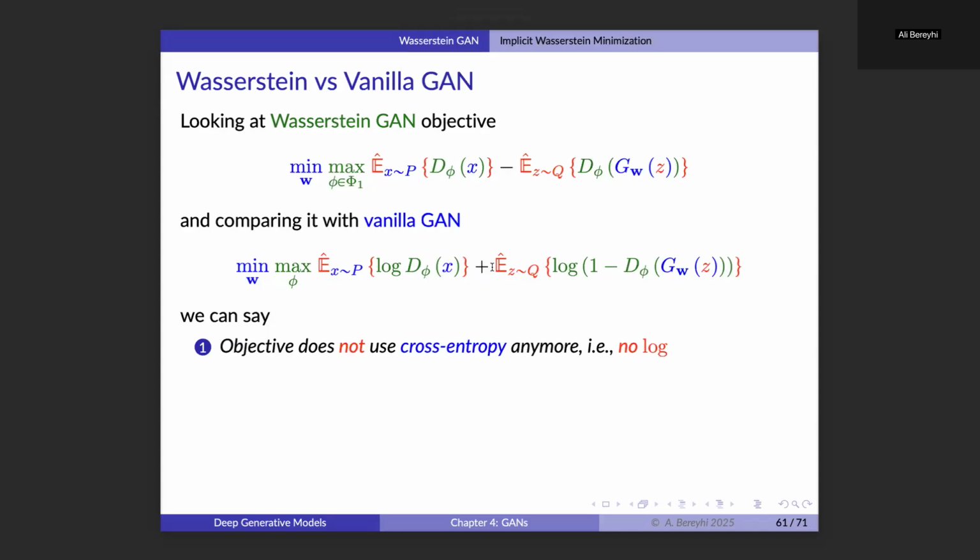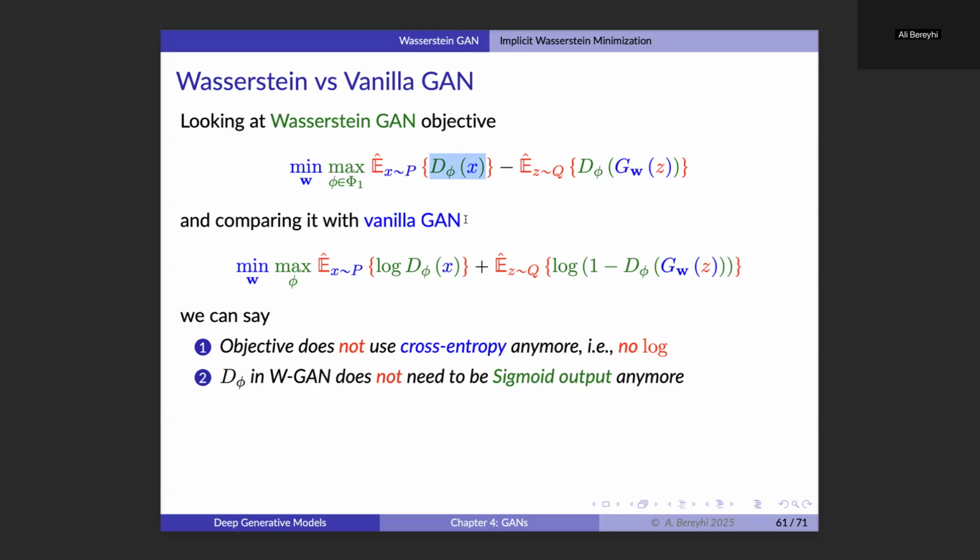Whereas in the Wasserstein GAN, the log is not showing up, right? This means that the output of the discriminator in the vanilla GAN should always be the output of a sigmoid, because it's a kind of probability. In order to fit into the definition of cross entropy, it needs to be between 0 and 1. This is why we use sigmoid. But in the Wasserstein GAN, this D is the function which we want to be one Lipschitz.